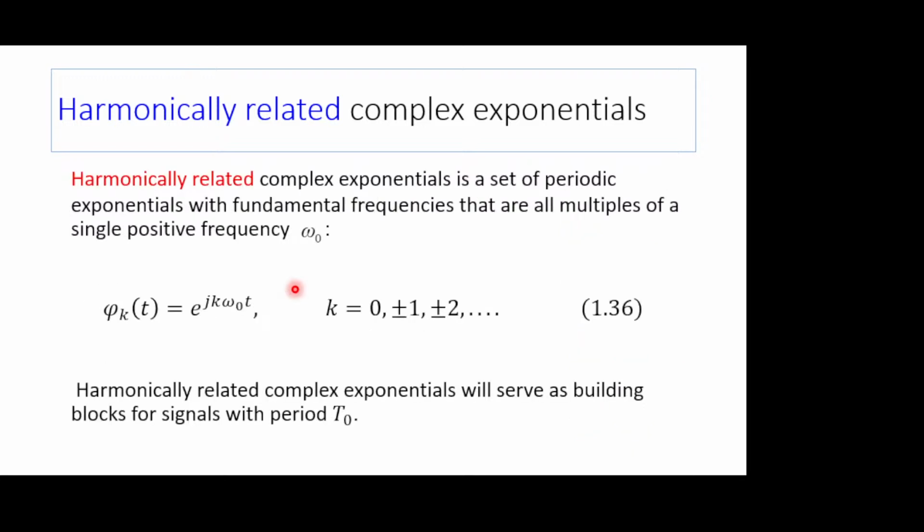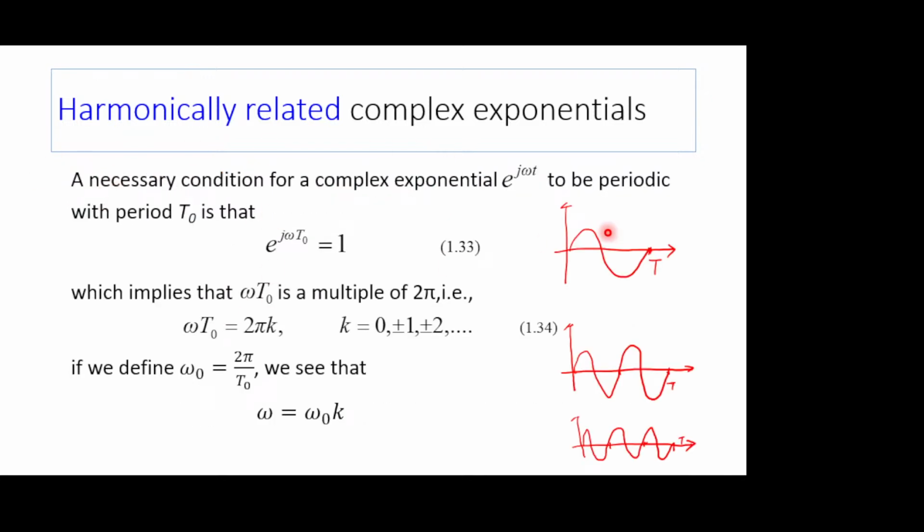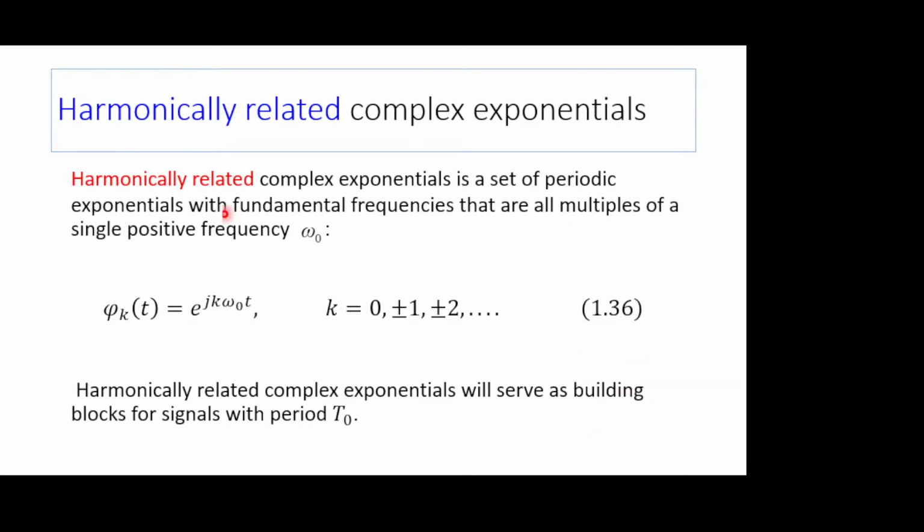Those complex exponentials are called harmonically related complex exponentials. They are harmonically related because they all share this big period T naught. And harmonic actually comes from music terms, because people use harmonic frequencies to compose their music, their songs.